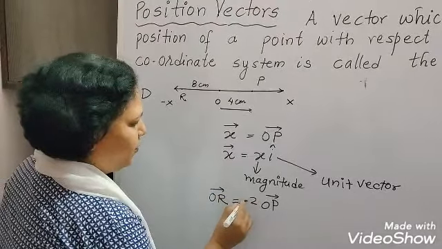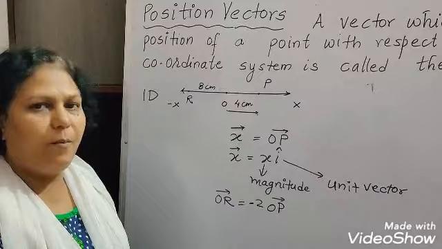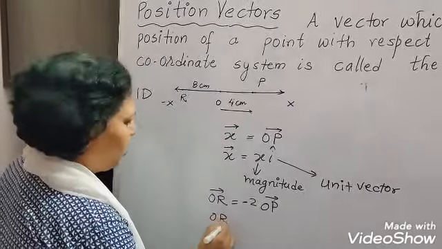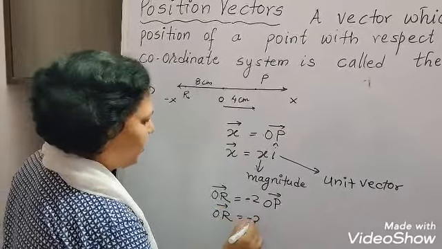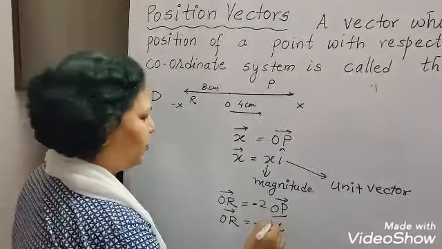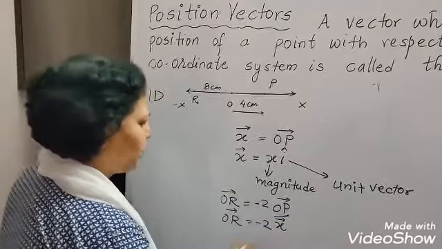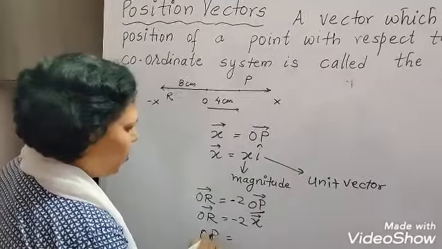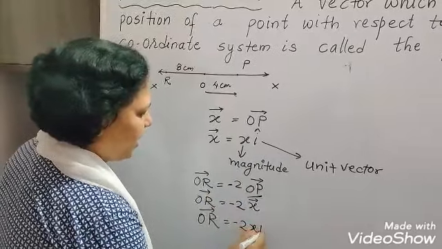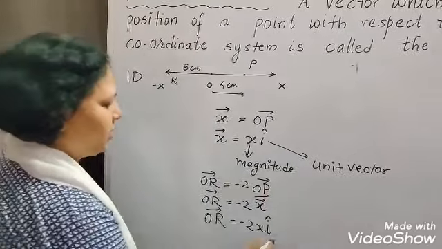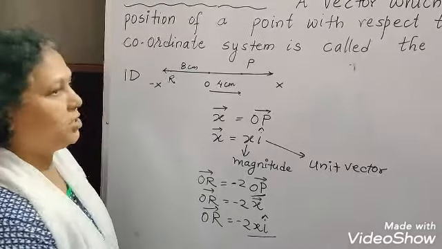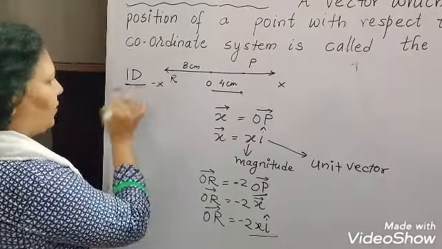Because it is opposite in direction, I put here the minus sign. So OR is minus 2 times OP, and we have represented OP with x here. So OR is equal to minus 2 x i cap. This way also we can represent the vector, and this is called the position vector for one dimension.